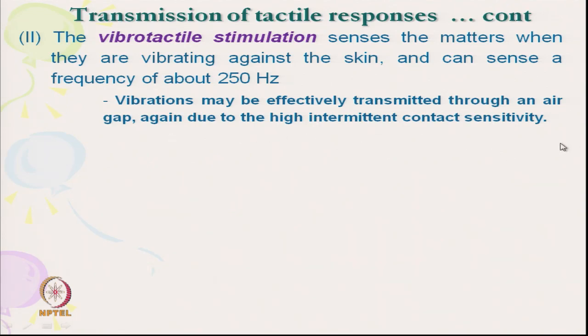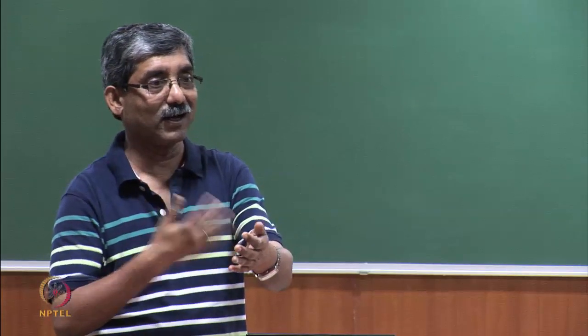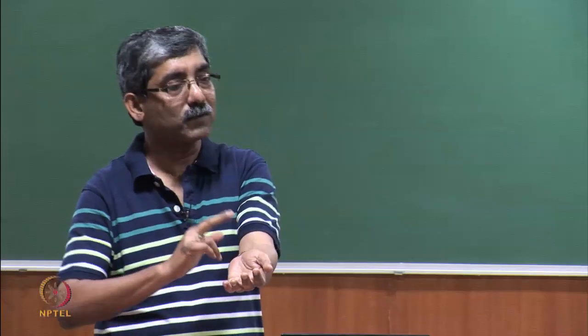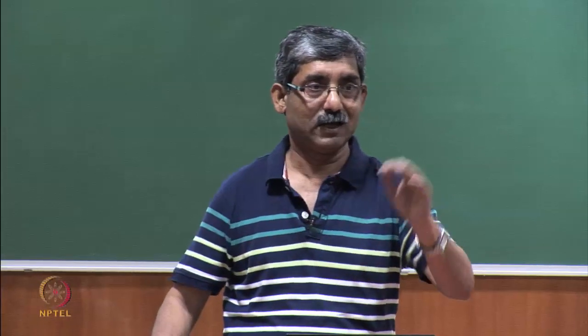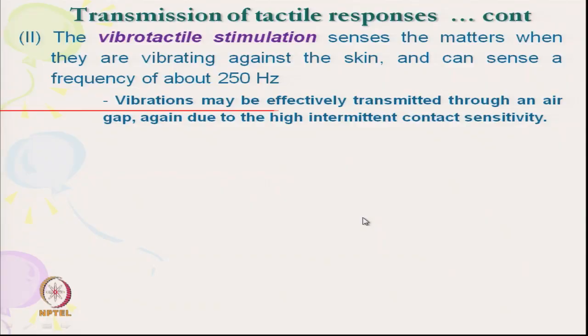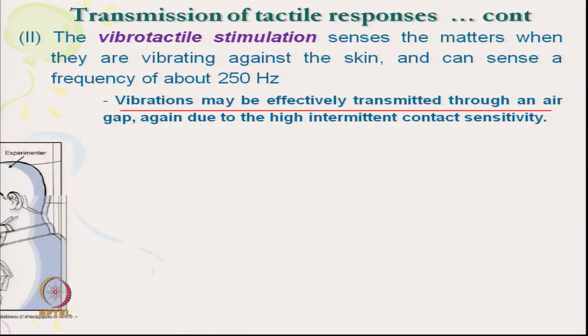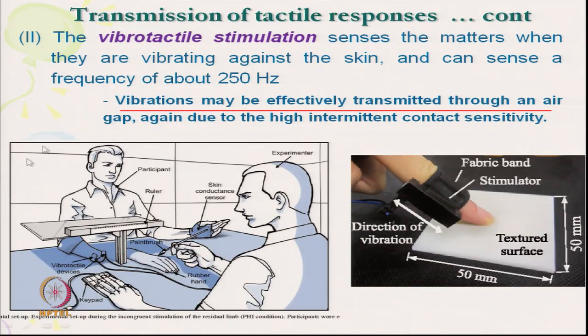Suppose something is vibrating, through air gap it gets signal, or something is continuously touched at very high frequency, something is vibrating at high frequency, that sensation we can get, okay, and our sensors get signal, it is getting transmitted. So, vibrotactile sensation, these are the different techniques available to actually send tactile signal in our body. Okay. So, something is vibrating, if it is touching, then we can get signal.